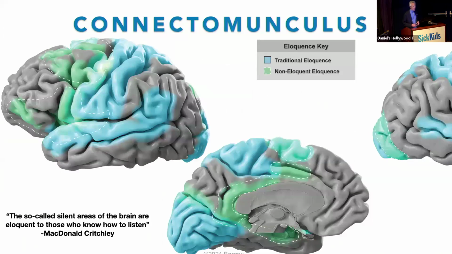Well, as it turns out, we wanted to do the same for the rest of the brain, and it's not so easy. Probably the best we could come up with was those 7 areas of what we called non-eloquent eloquence, these areas in green that turned out to have functional importance in our cavernous malformation data set. And so if we add to traditional eloquence, motor and sensory and speech and language and visual cortex, those other regions, we get these blue and green areas. So our region of eloquence is expanding.